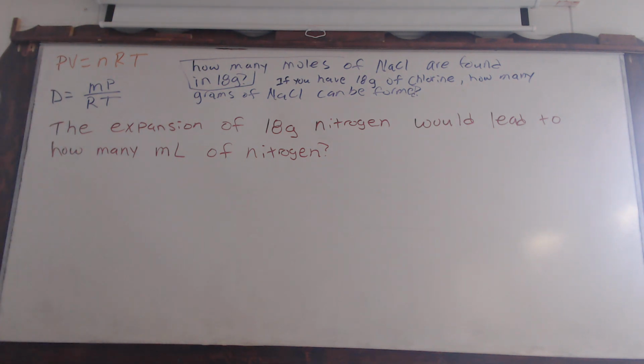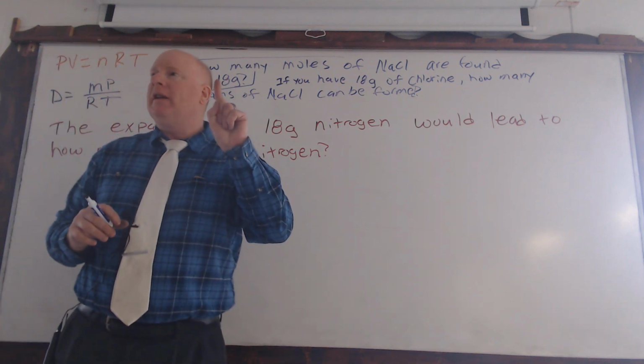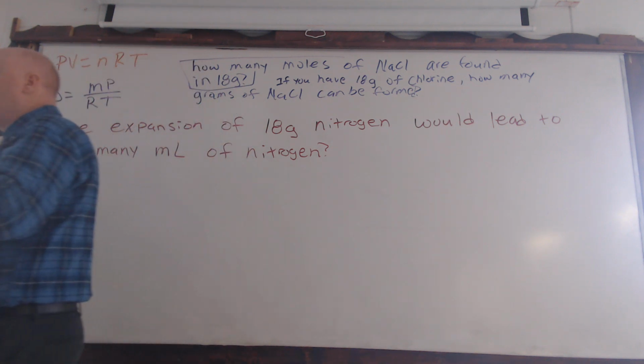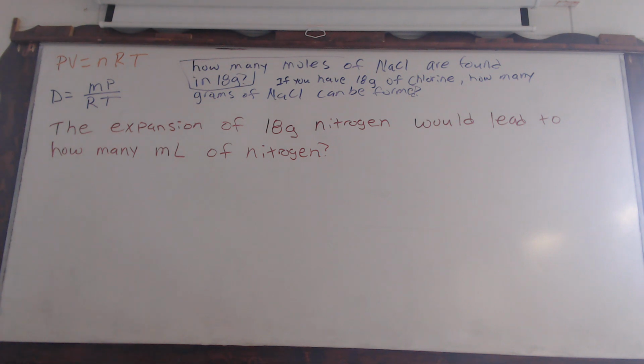Do we understand that? Because now we're doing composition gas stoichiometry, which means the expansion of 18 grams of nitrogen would lead to how many milliliters of nitrogen? We're just dealing with one substance only, because eventually you're going to have a chemical reaction that accompanies this as well.